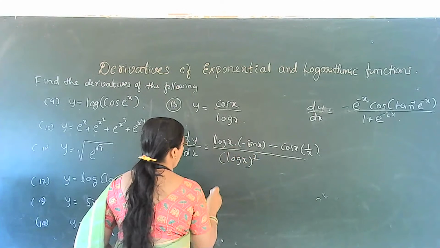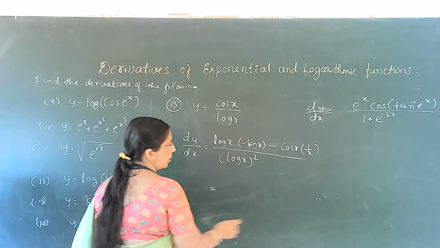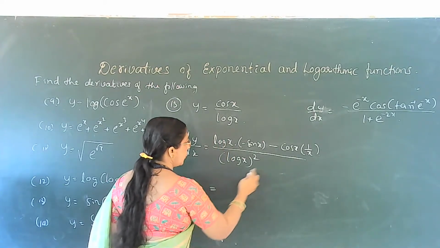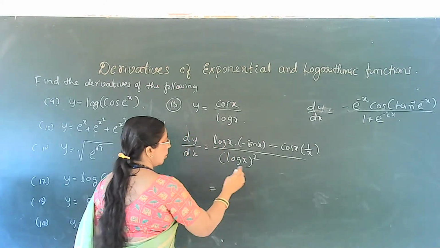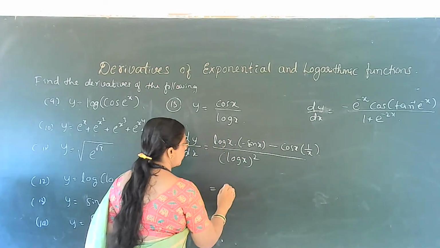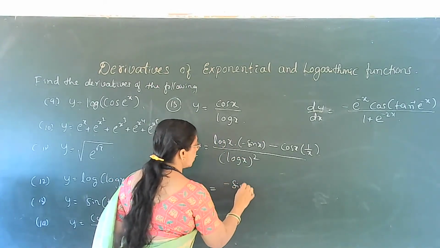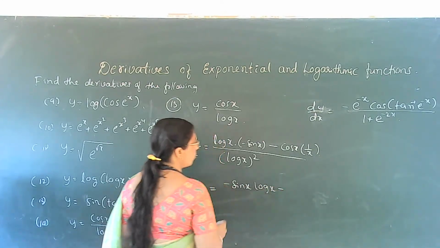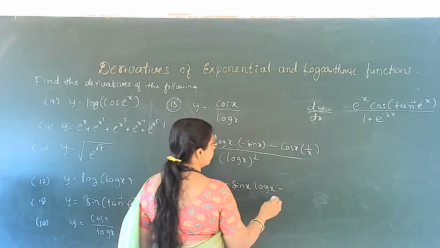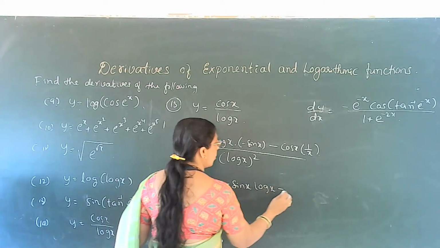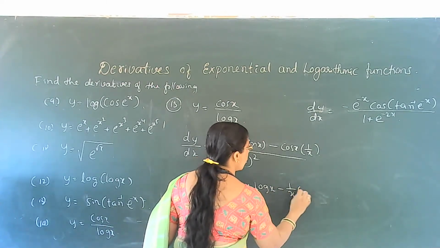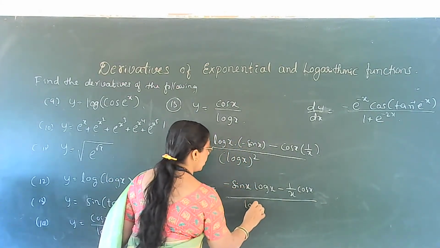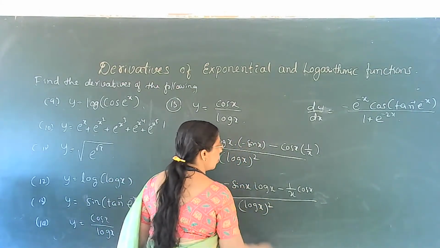You can simplify or write it as it is. So if you want to simplify these things, this term is minus sin x into log x, minus 1 by x into cos x, divided by log of x whole square.